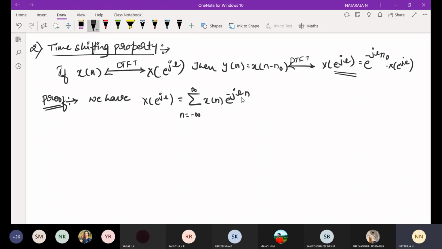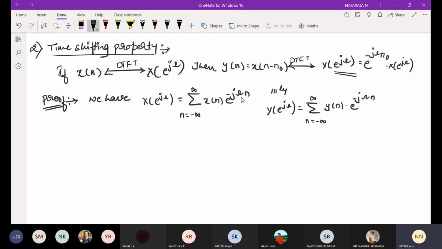This is my standard equation for the DTFT. Similarly, I can write y of e power j omega equal to summation n equal to minus infinity to infinity y of n into e power minus j omega n. Am I right?